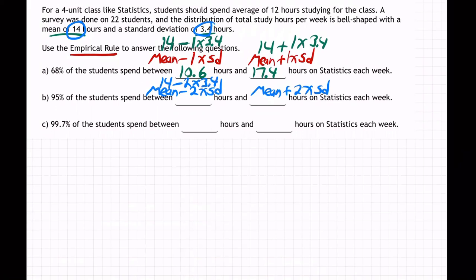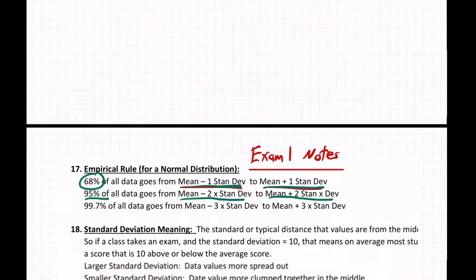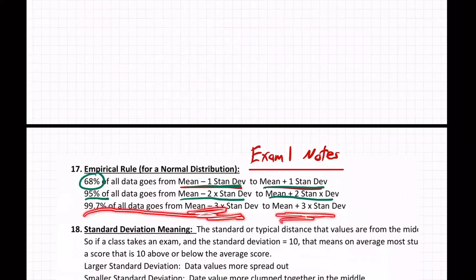Just hit the buttons on your calculator. This one will be 14 plus 2 times 3.4. That will be 7.2, and 20.8.